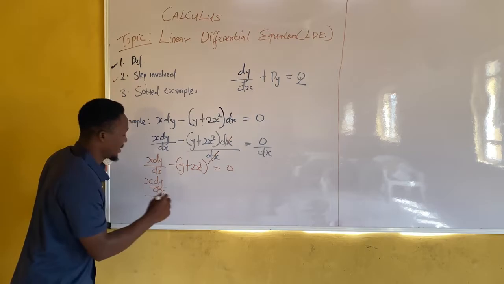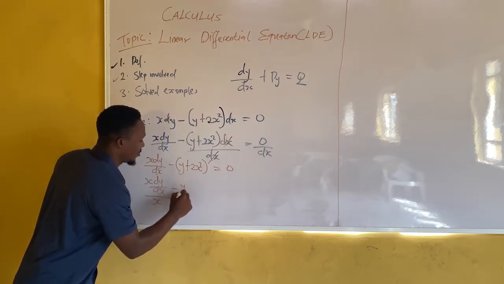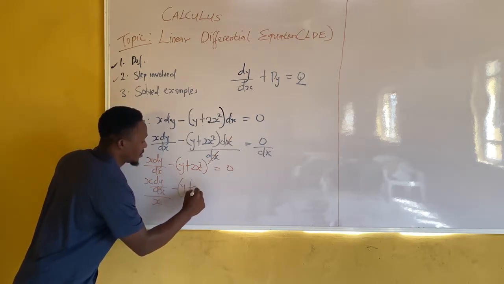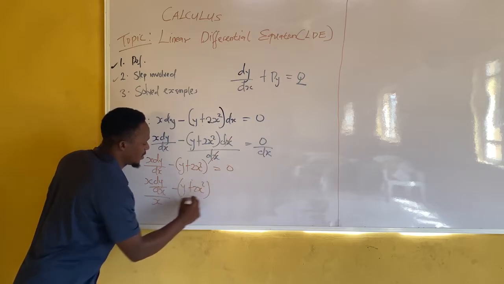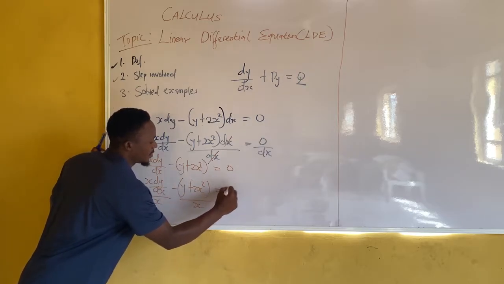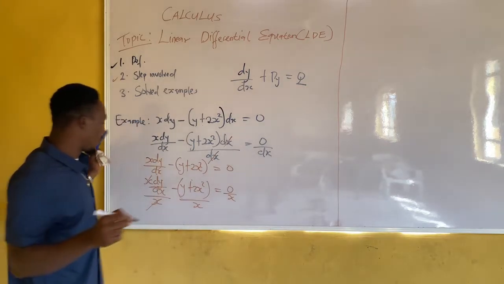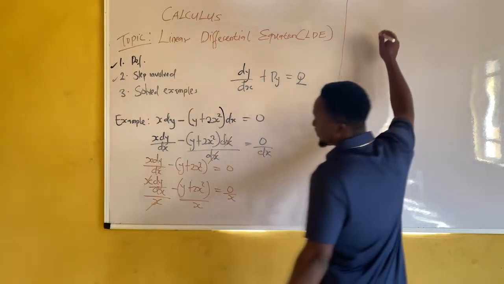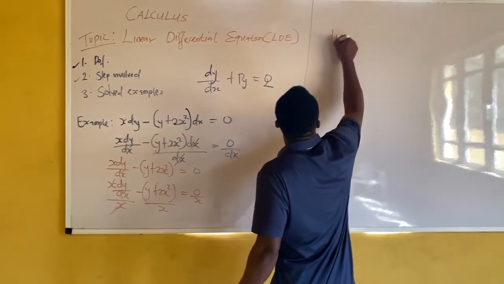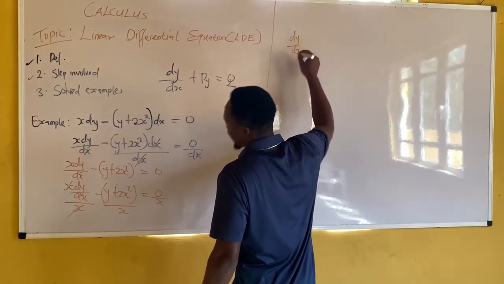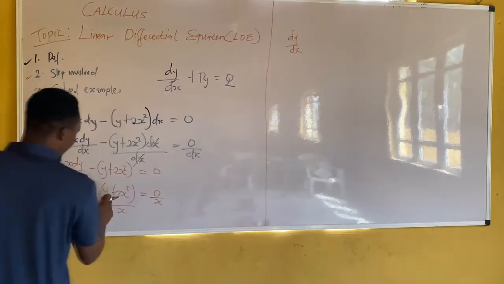divided by x minus y plus 2x squared divided by x equals to 0 over x. And you know our x will cancel out. So our equation will be looking like dy over dx here minus y.